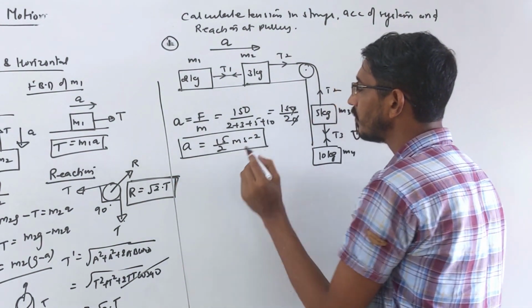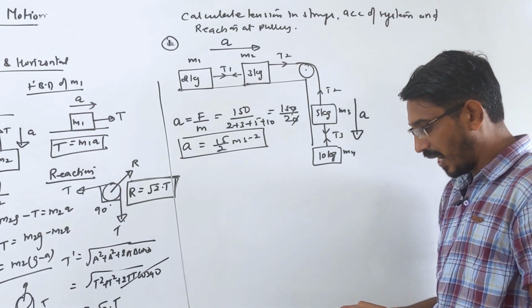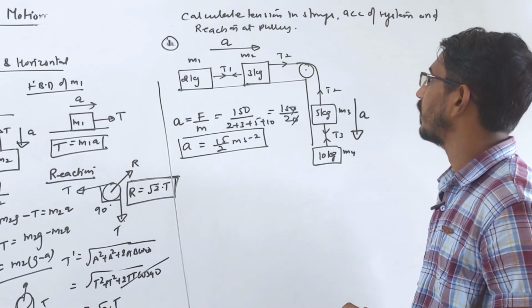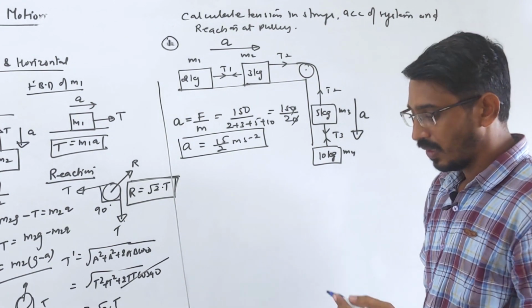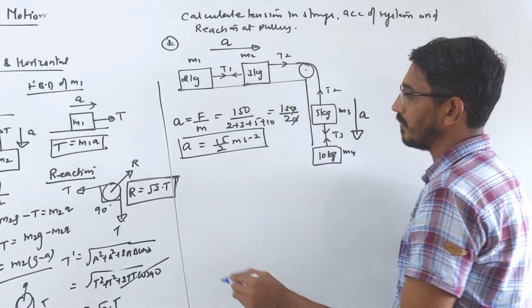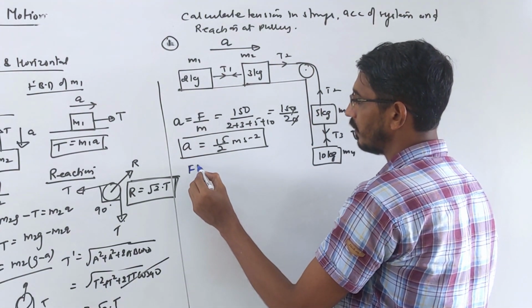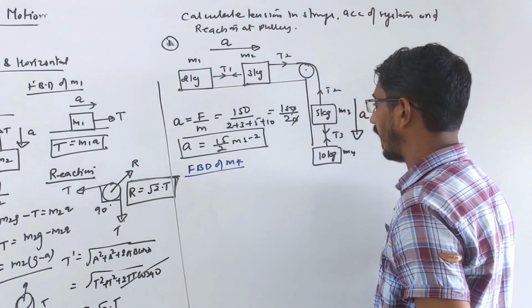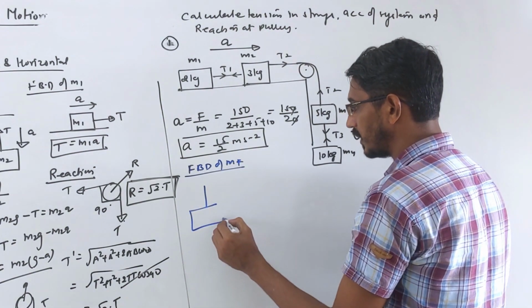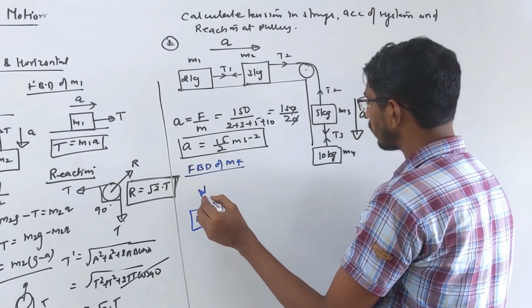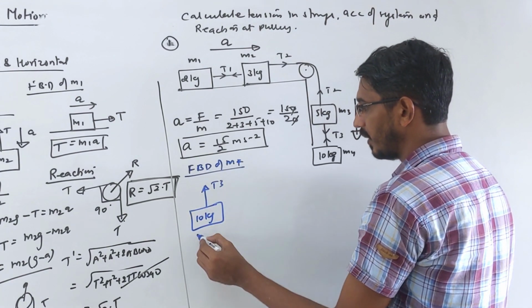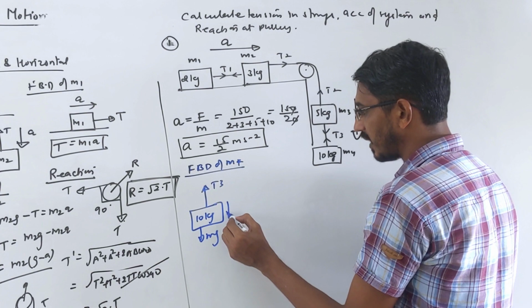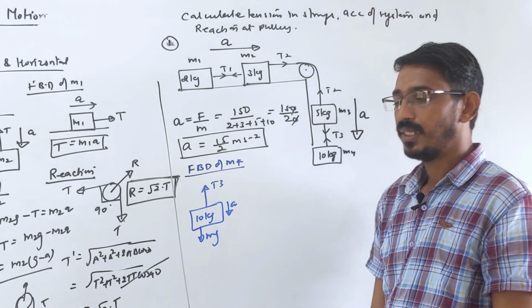Okay, done. Now we have to calculate the tension in the strings. We have 3 strings here, so we have to calculate 3 tensions. Let's calculate T3 first. That's easy. So write the FBD of M4. This is the 10 kg block. Tension T3 is upward, mg is downward, and it is accelerating downward.